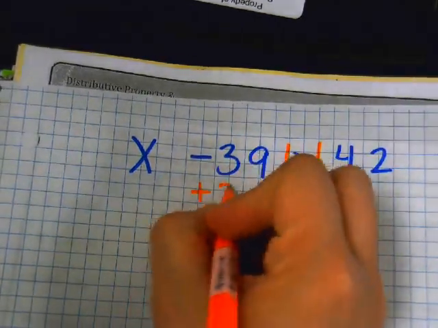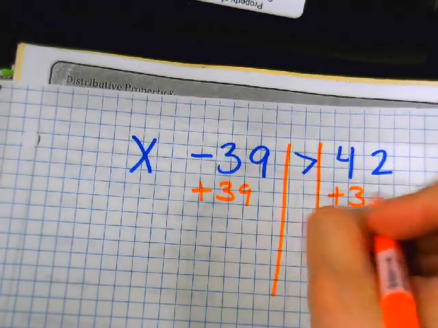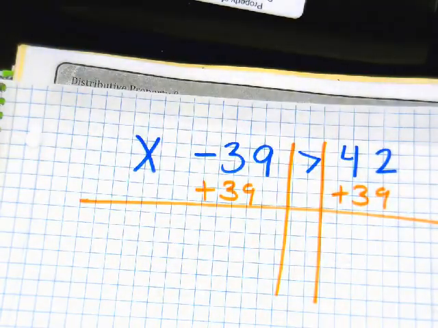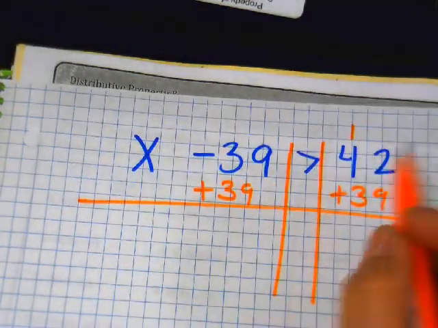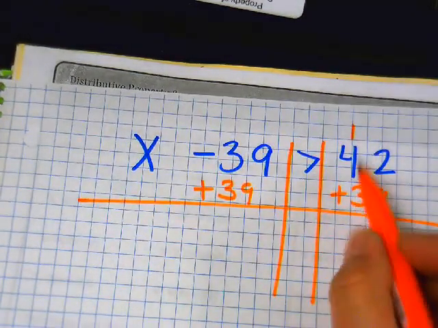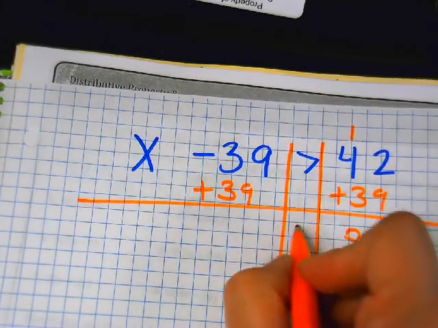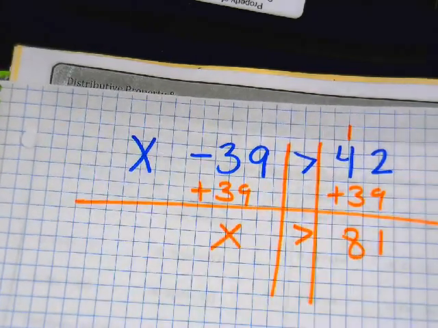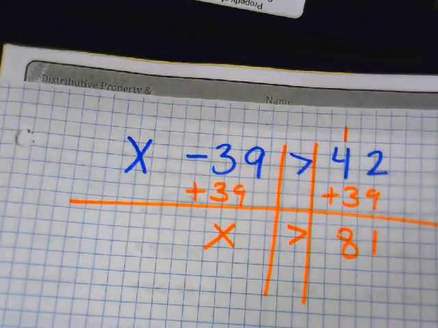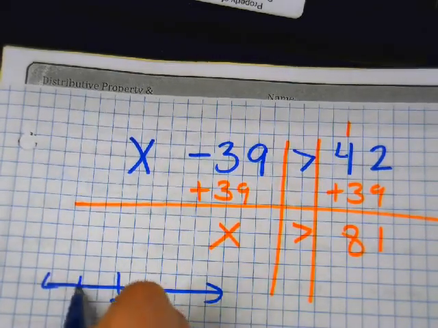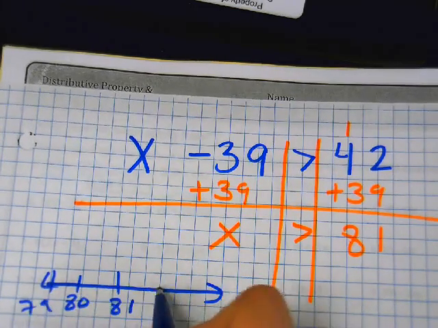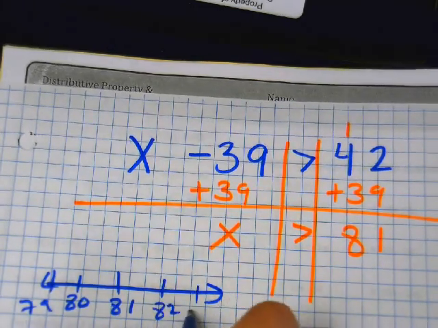So, did you write plus 39, and then we use our fingers? 2 plus 9 is 11, carry the 1. 4 plus 3 is 7, plus 1 is 8. 81 is less than x. So, did we all get 81? 81, 80, 79, 82, 83.